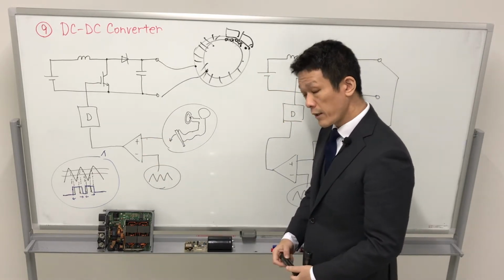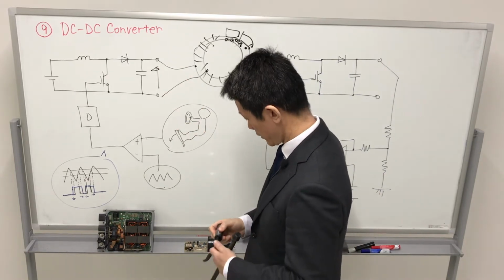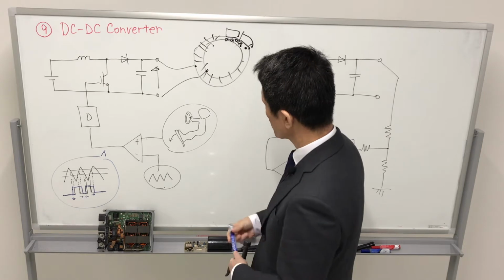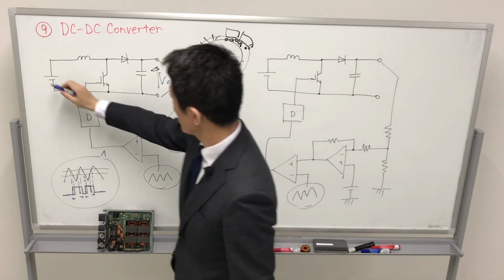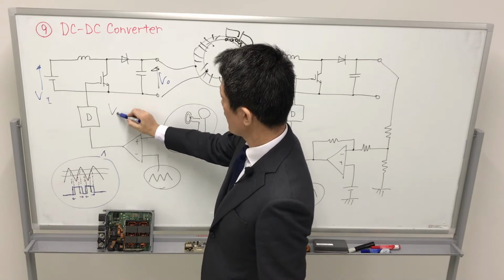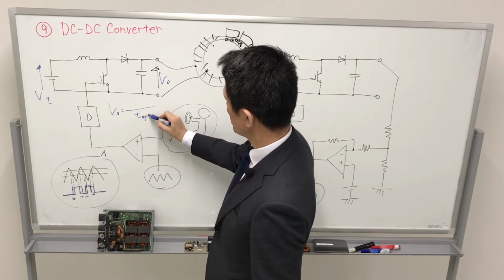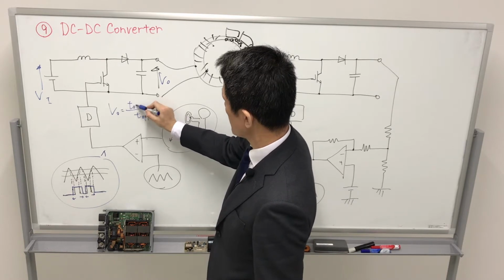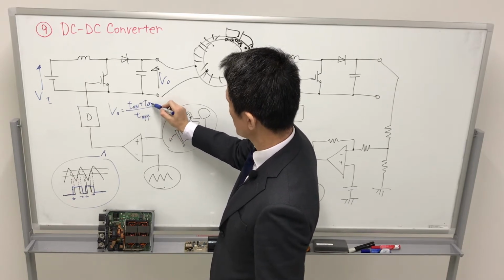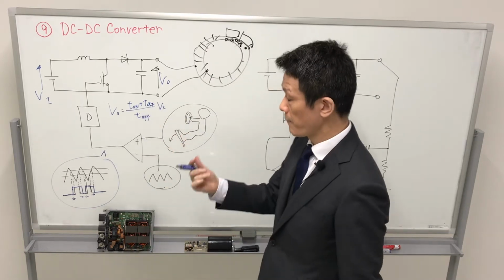In the case of the boost chopper, the output voltage V out in terms of V in is V out equals T off over T on plus T off times V in.